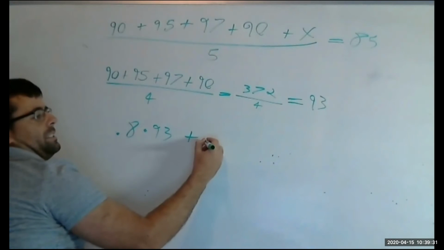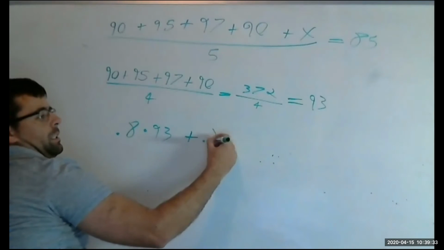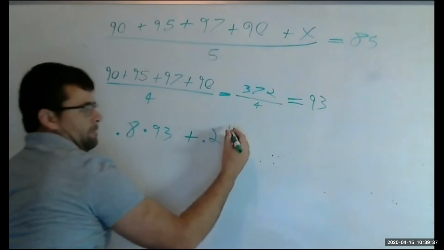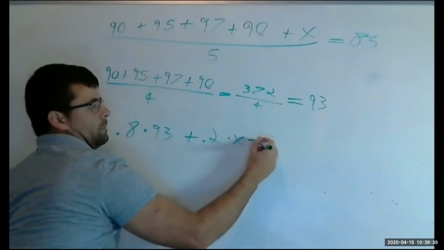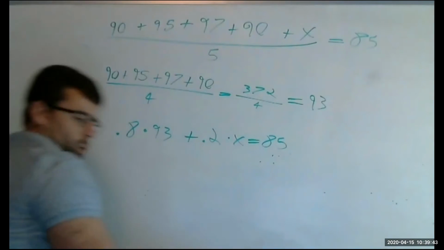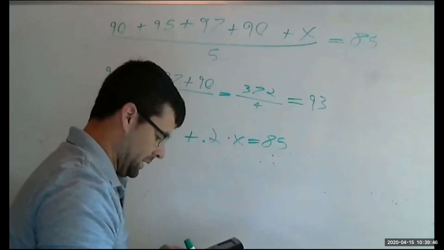And then the last test that you're going to take is 20%. So 0.8 times 93.